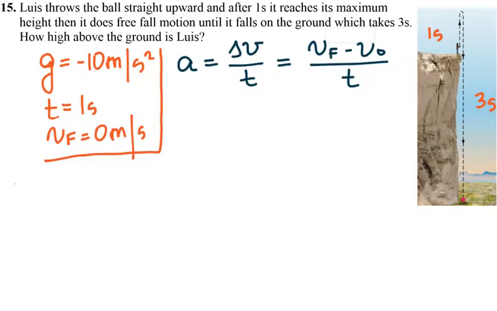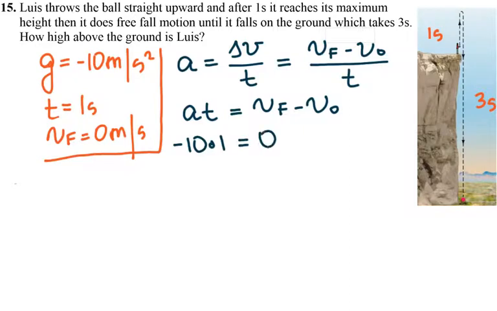If I multiply both sides by t, I have a times t is equal to the final velocity minus initial velocity. The final velocity is 0 and acceleration is negative 10. So I have negative 10 times 1 second is equal to final velocity 0 minus the initial velocity I'm looking for. So the initial velocity is equal to 10 meters per second.